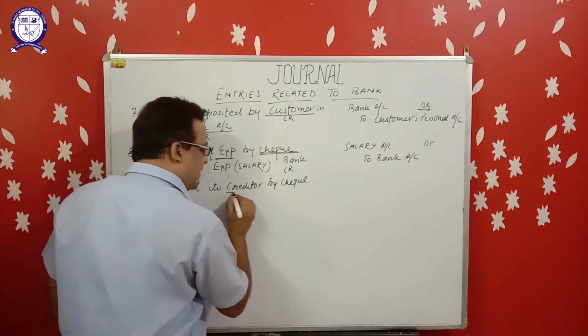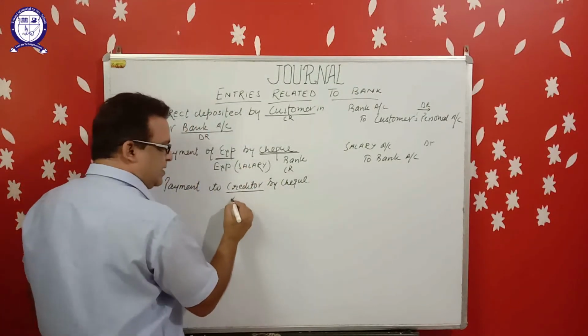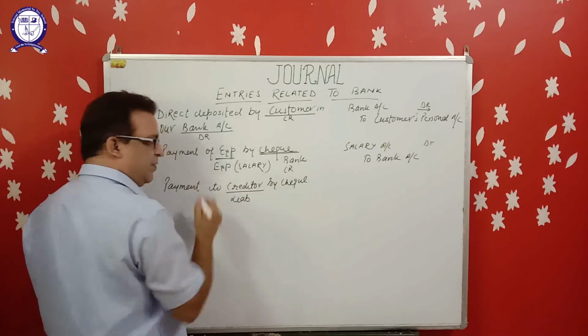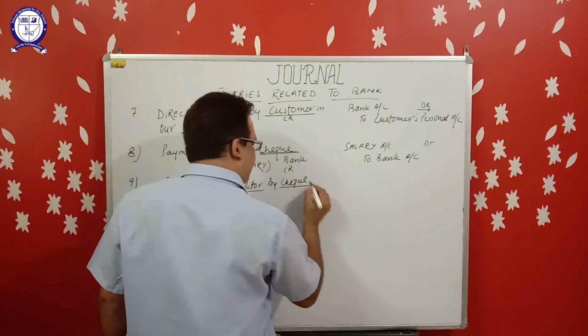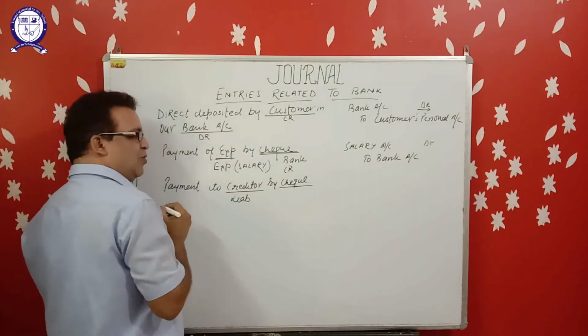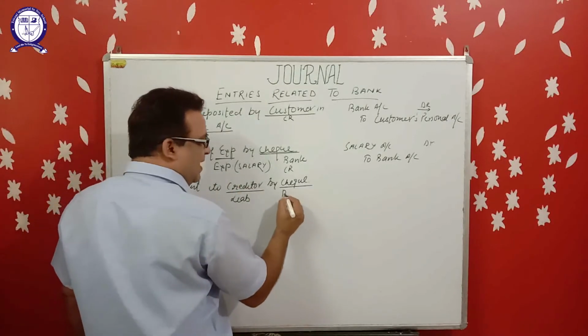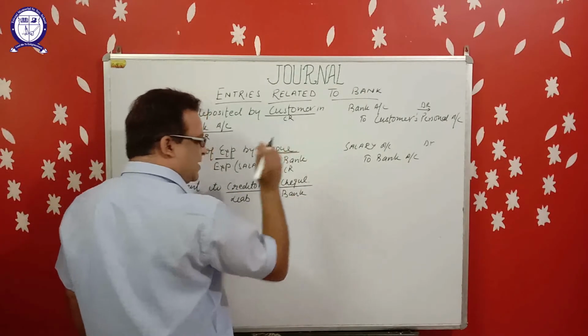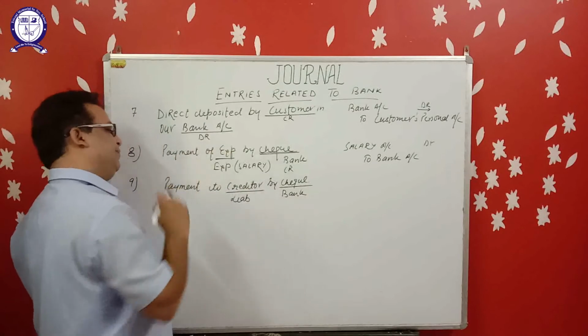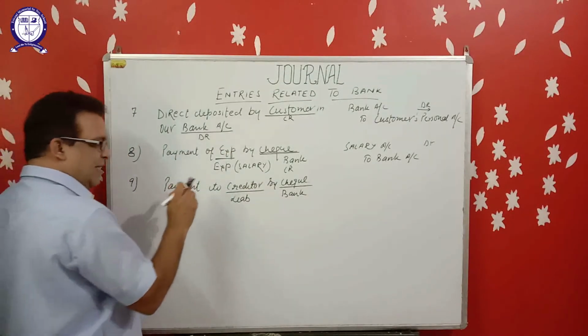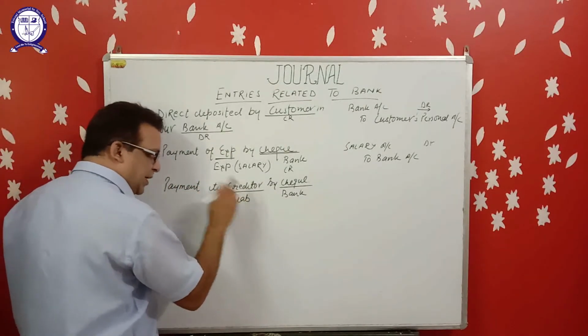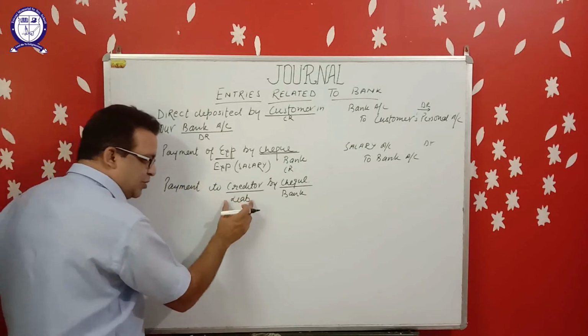So the account affected, first of all, creditor, it is a liability, you know. Second, when we pay the amount by check, our bank balance will reduce. So the second account affected is bank. When the payment is made to creditor, liability reduces.